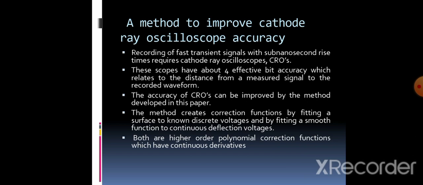The method creates the correction functions by fitting a surface to discrete voltages and by fitting a smooth function to continuous deflection voltages. Both are higher order polynomial correction functions which have continuous derivatives.